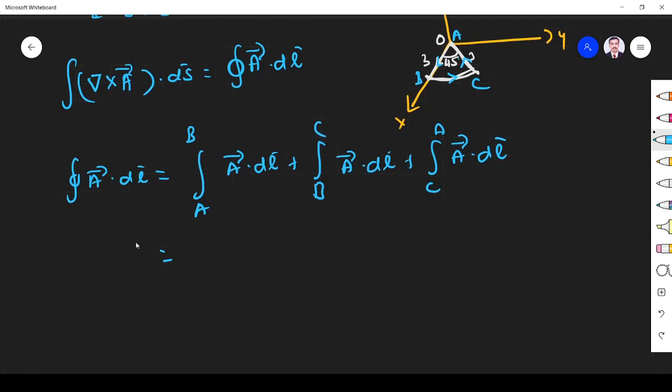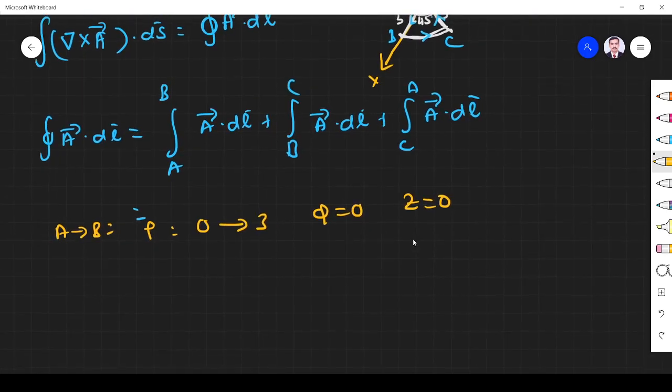Rho is varying from 0 to 3. What happens to phi? Here phi is 0. Z is also 0, since it is in the xy plane. So this is the condition.